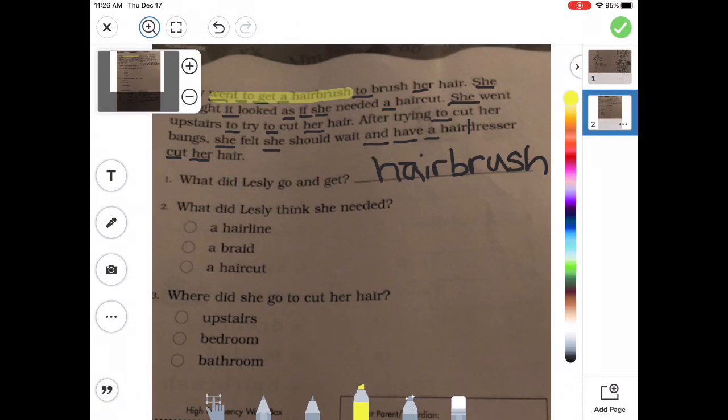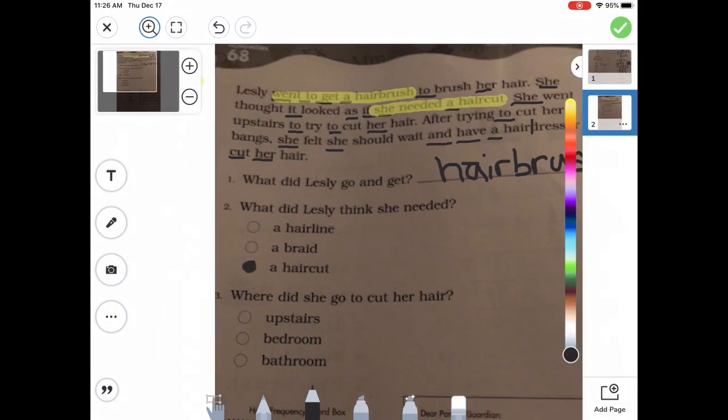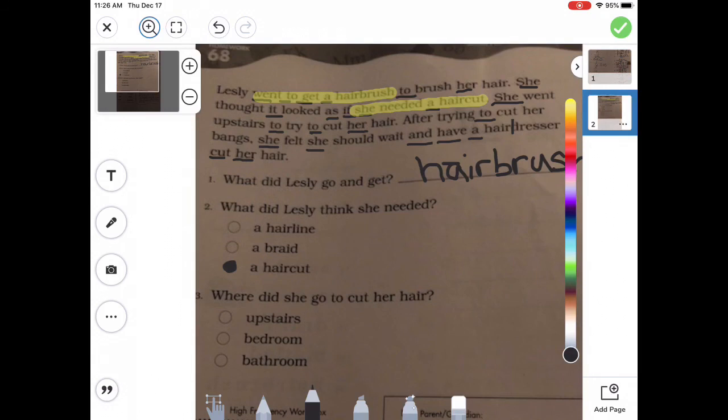So right here it says she needed a haircut. So a hairline, a braid, or a haircut? A haircut, very good. Okay, and then where did she go to cut her hair? So she went upstairs. So where did she go to cut her hair? Upstairs, the bedroom, or the bathroom?